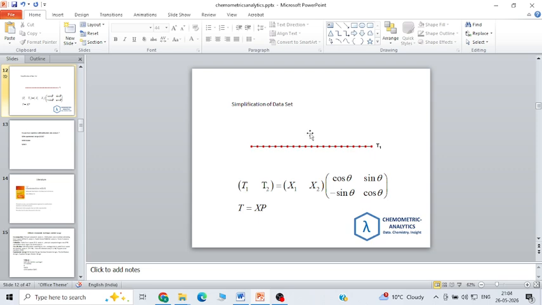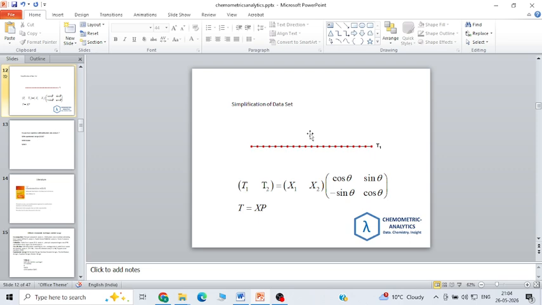Now you can take the same or a similar example at higher dimensions. Algorithms such as principal component analysis do the similar thing for data comprising 5, 10, 15, 20, you name it.